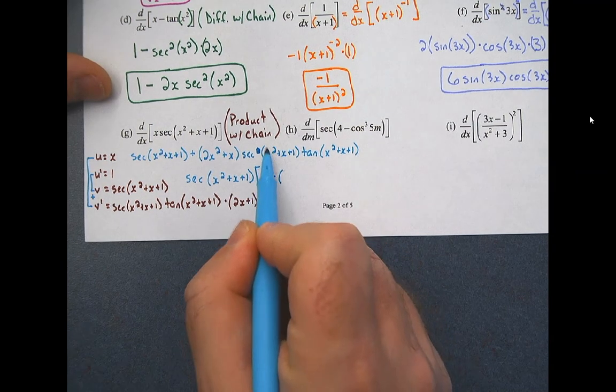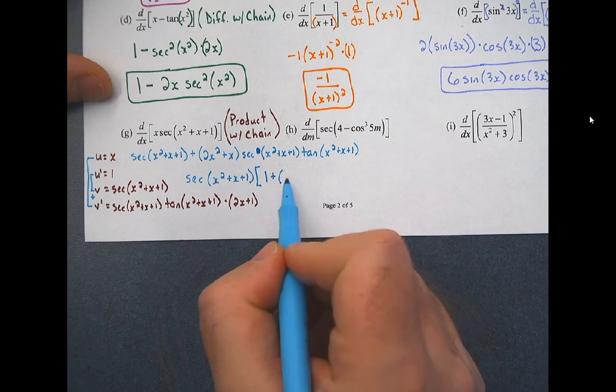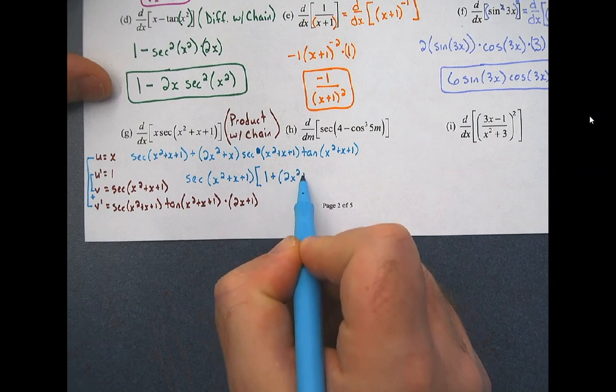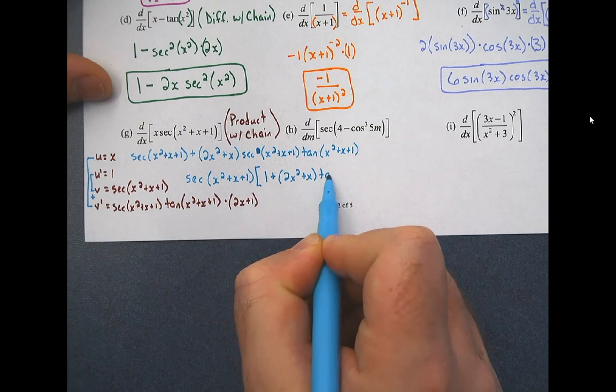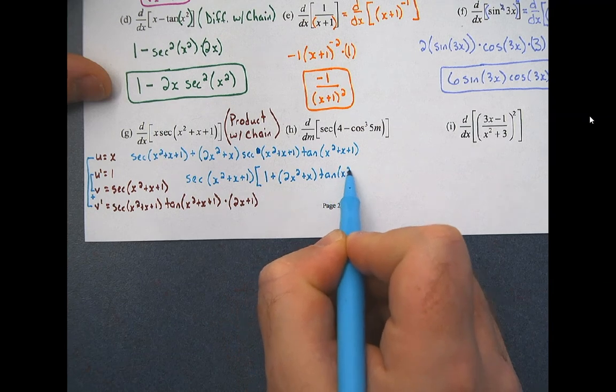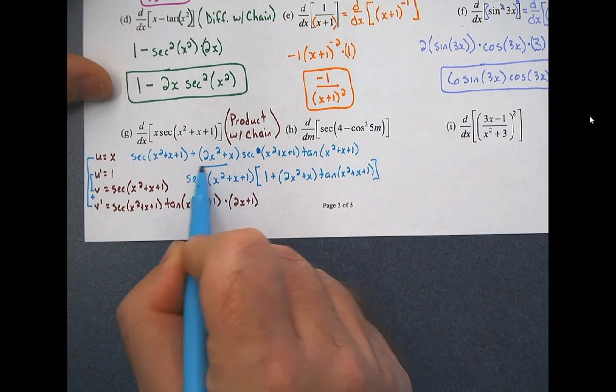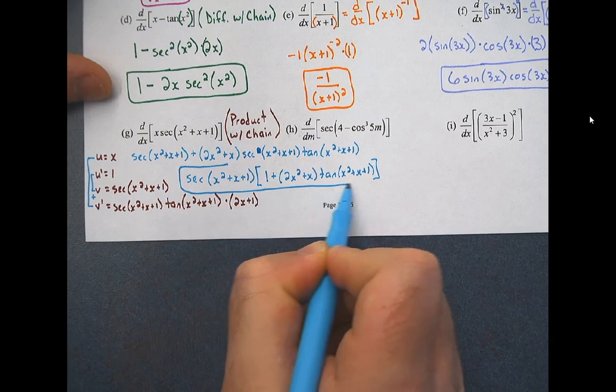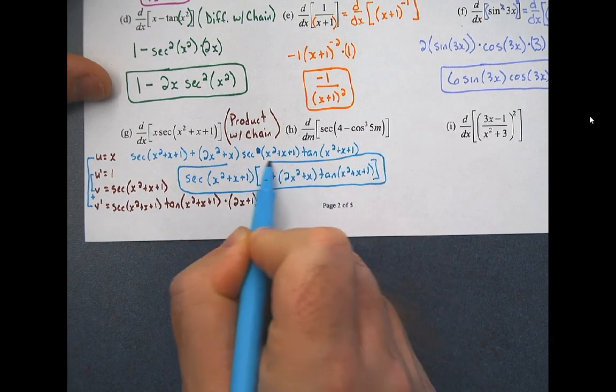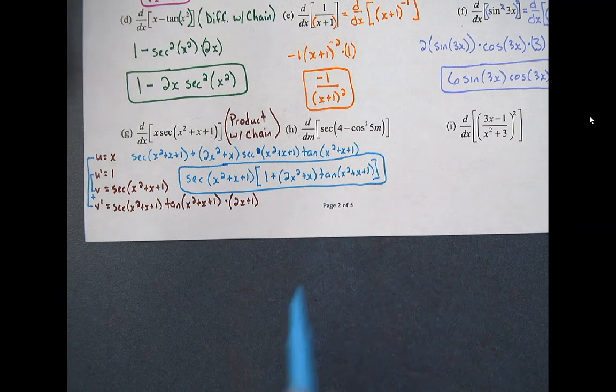Plus, I'm taking this out front, which still leaves these two pieces. So that would be 2x squared plus x, tangent of x squared plus x plus 1. Whew! That's a doozy. That is a doozy, all right.